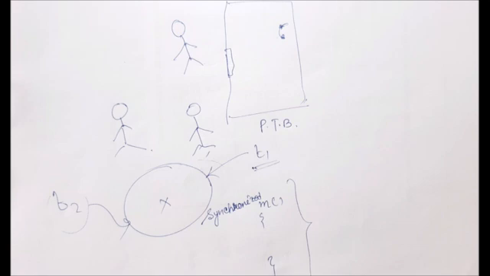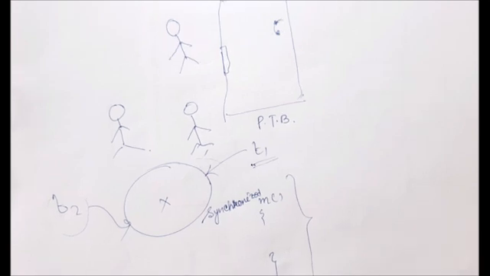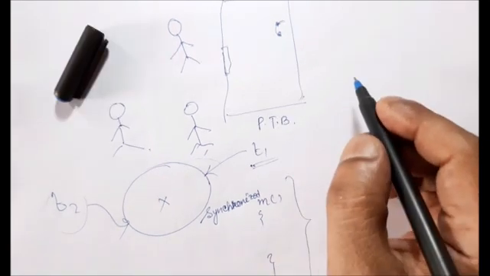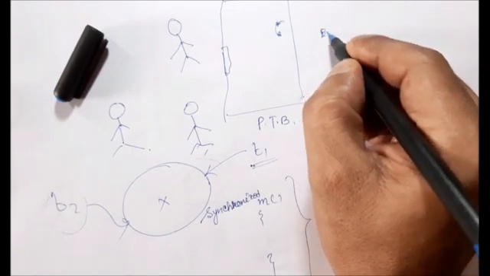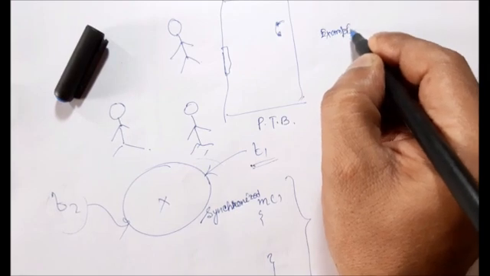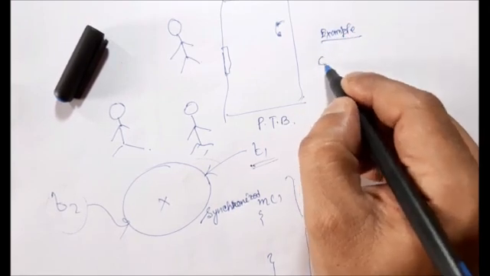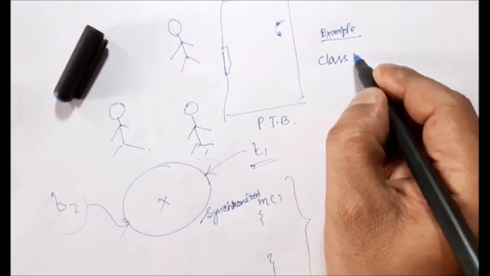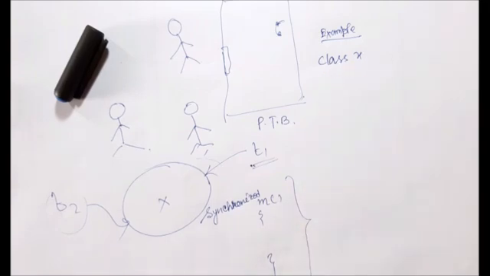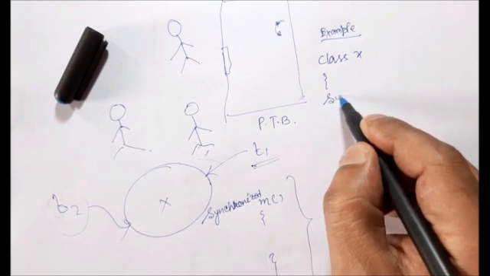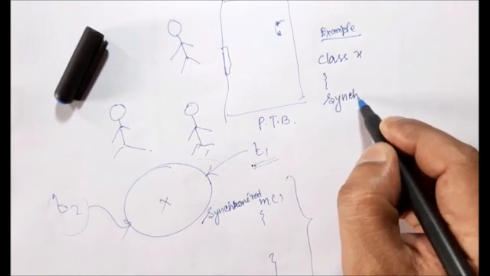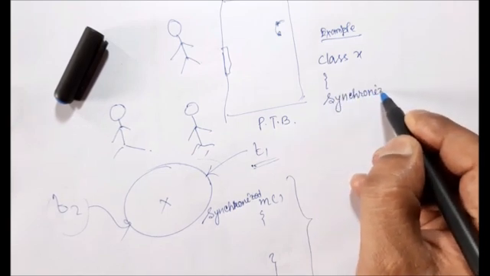So, let us take an example. Suppose we have a class named X, and within this class we have a synchronized method.